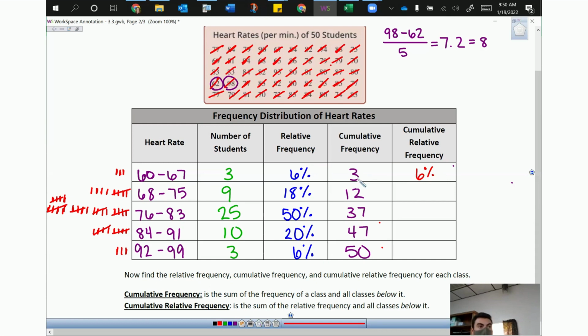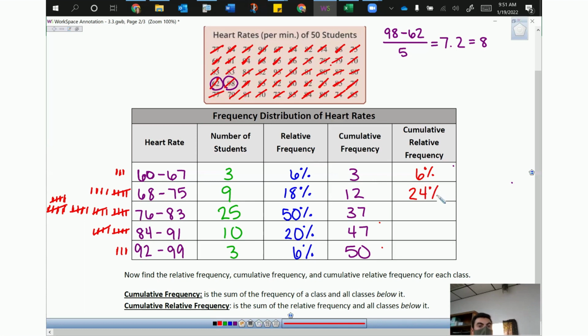Then you could just take each one of these cumulative frequencies and divide it by the total number, which is 50. So you could take 3 divided by 50, 12 divided by 50, 37 divided by 50. But if we already have this column, let's not make it hard on ourselves. Let's just add them together as we go. So my second column here is going to be 18 plus 6, which is 24%.